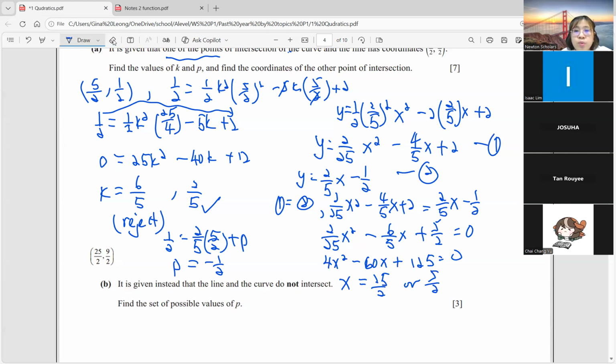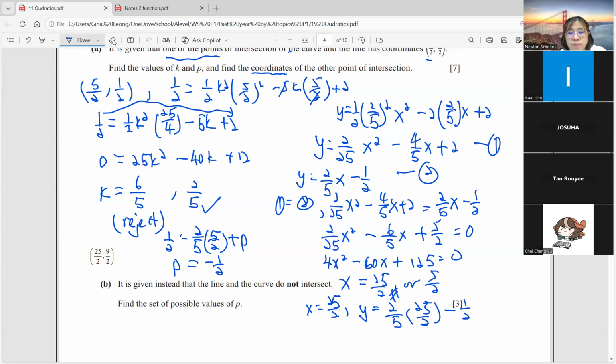Okay, so 5 over 2 we already have here. So we will get this one as my answer. So 25 over 2. Okay, I get 25 over 2. But this is not the full thing because he needs the coordinate. So I need to get my y. Okay, you replace x equal to 25 over 2 into your first equation or second equation, it's easier.